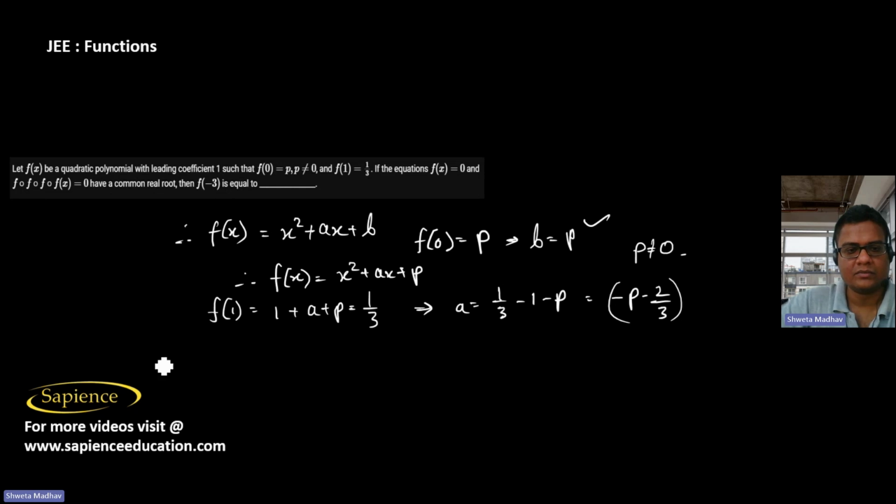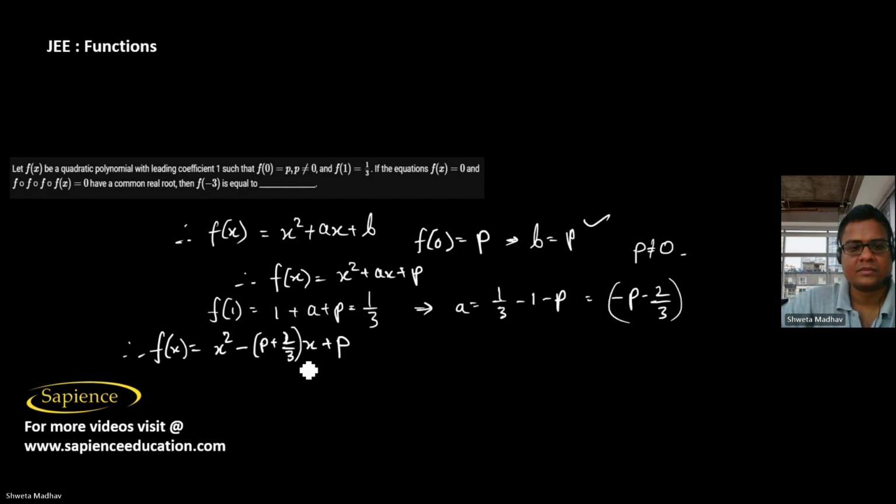So therefore the function f of x is equal to x square minus p plus 2 by 3 into x plus p. So these two equations have a common root.